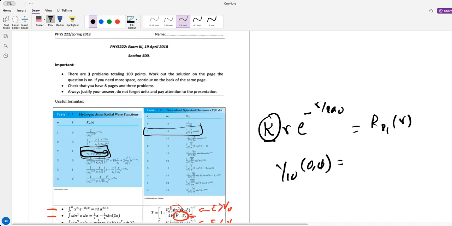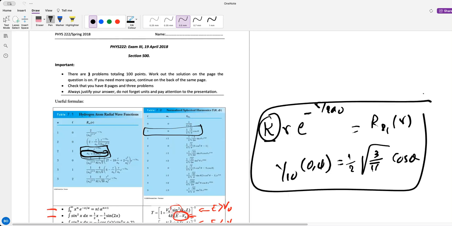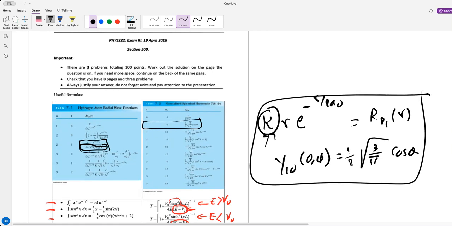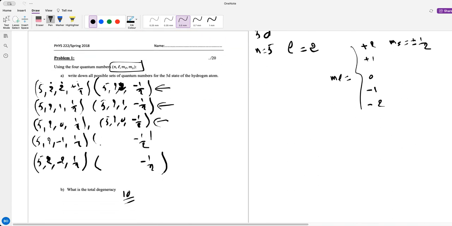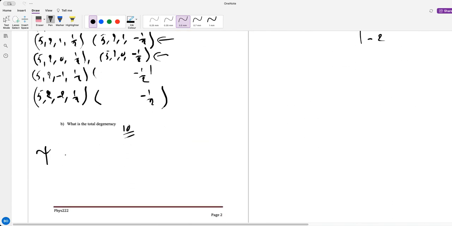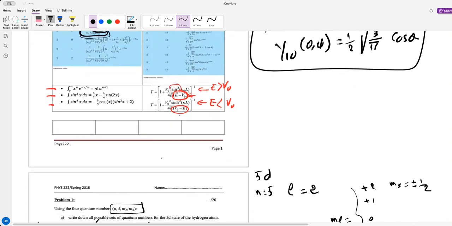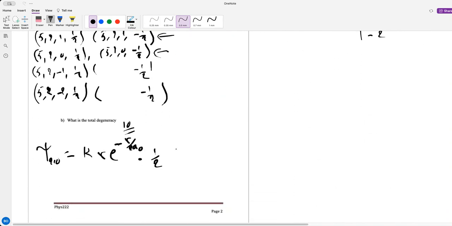Even with the glasses, I can't see. So it's 1/2 square root of 3 over pi cosine theta. Remember the K here is a constant that I just take. So the wave function 210 is equal to K r exponential minus r over 2a0 times 1/2 square root of 3 over pi cosine theta.